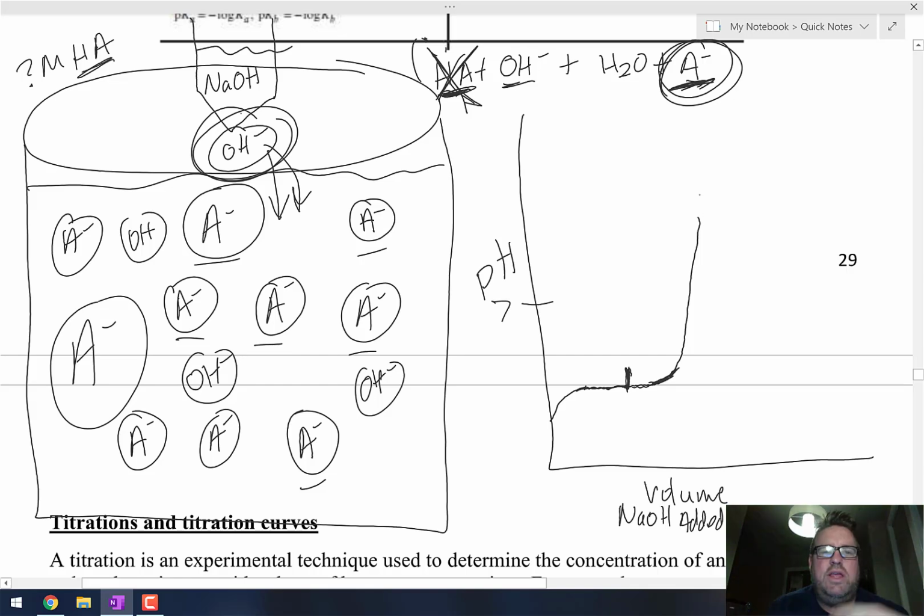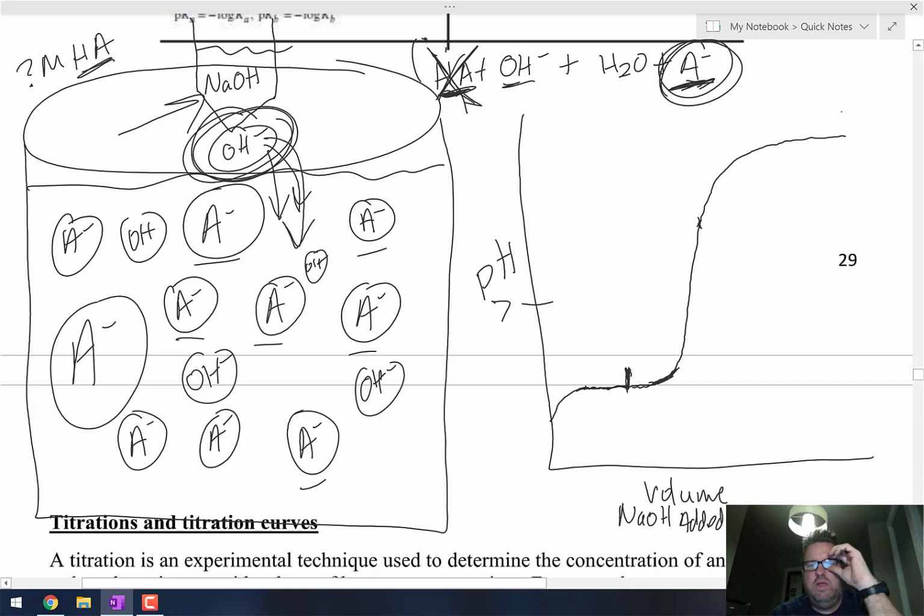And then basically you're going to keep adding base until you reach the pH of that NaOH solution. And at that point, it starts to flatten back out again. Okay? Now, this point here where it's going not straight up, but pretty close to straight up, the pH goes up really, really fast.